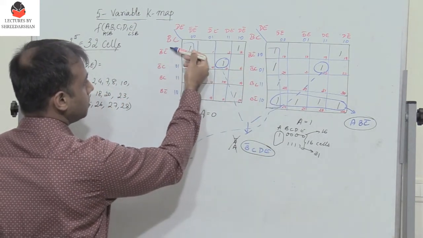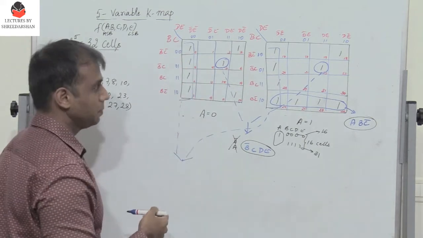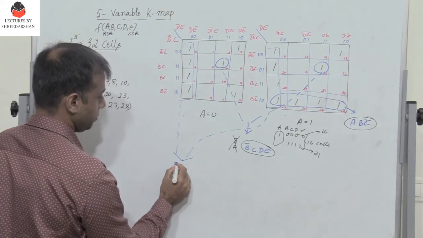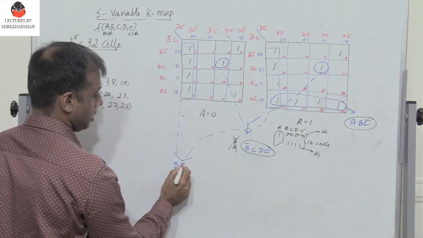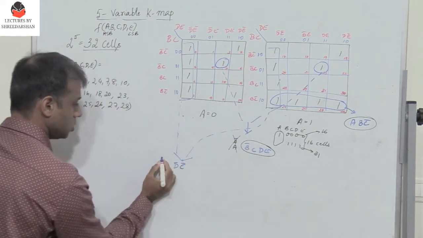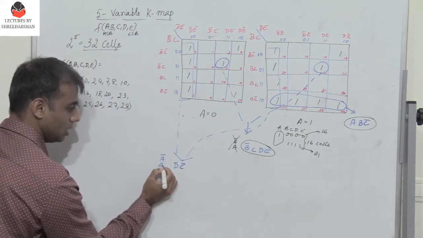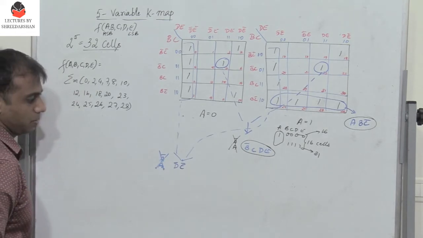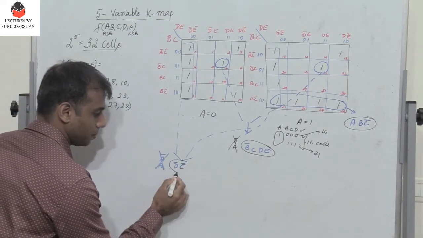I have B and C which are complementary, so they get cancelled. So I get D bar, E bar, and I have A 0 here and A 1 here. So A bar and A, so A gets cancelled. So the simplified expression would be D bar, E bar.